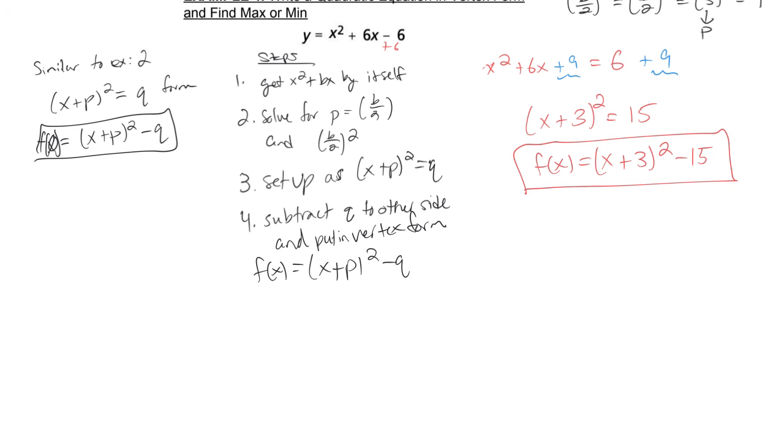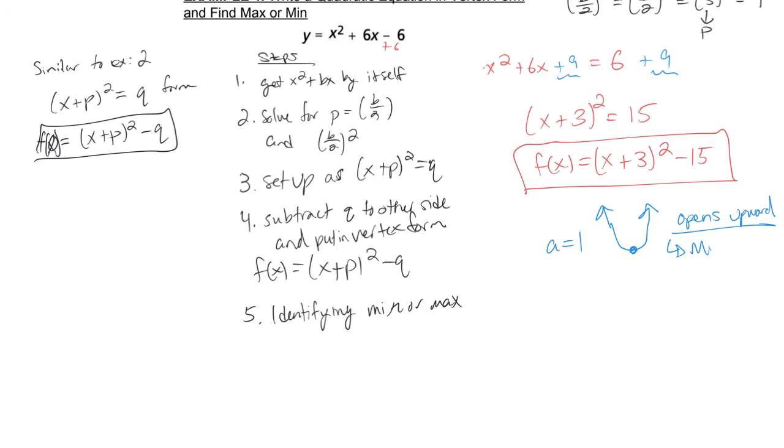And then the last step is just identifying min or max. So in this case, our a is technically 1, therefore it opens upward. We know if it opens upward, then we have a minimum at the y value of the vertex.